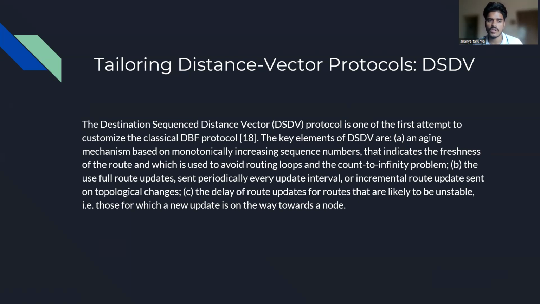The route updates are sent periodically every update interval, with incremental route updates sent on topological changes. There is also a delay of route updates for routes that are likely to be unstable, that is those for which a new update is on the way towards a node.